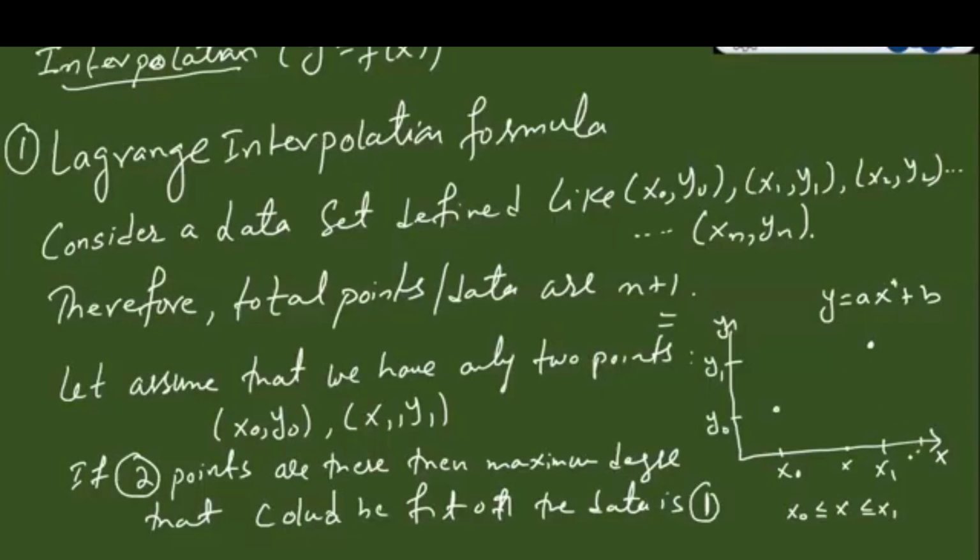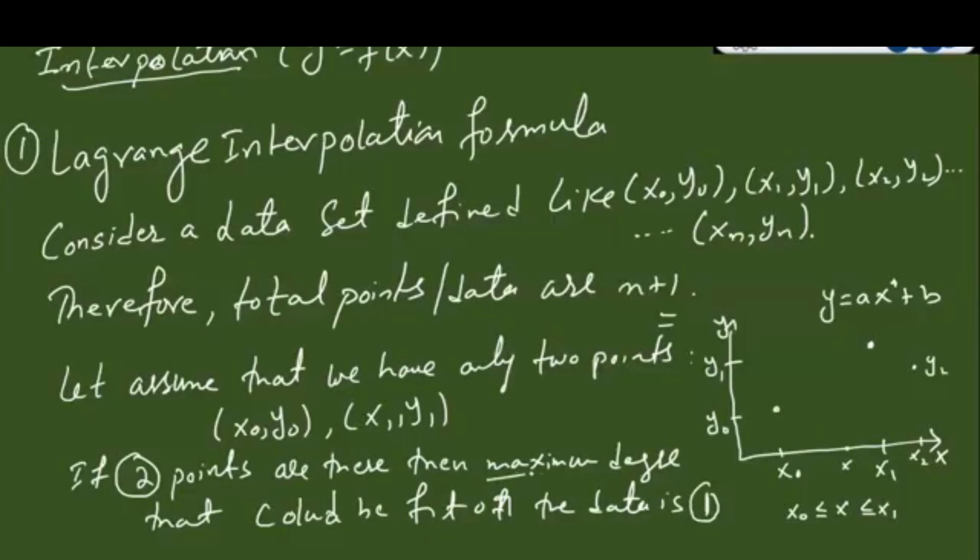If I have 3 points, let's say x2, there is somewhere x2, then I will get y2 somewhere. The maximum degree that I can fit is degree 2, because if you have 3 points, the maximum degree is 2. If you have 2 points, the maximum degree is 1. So one less. The number of points, you decrease it by 1, so that you know the maximum degree you can fit.